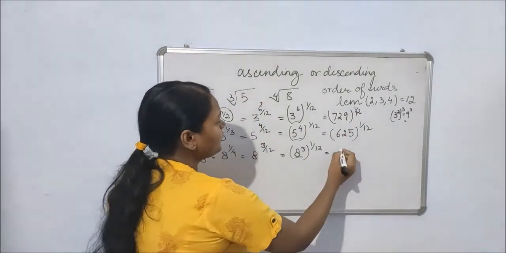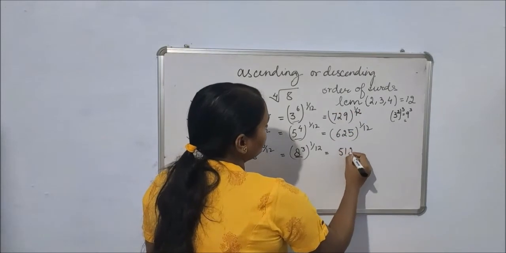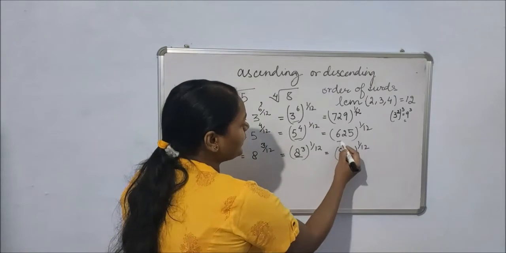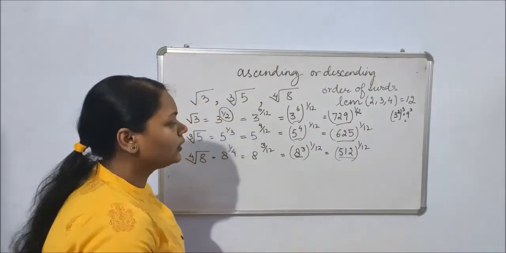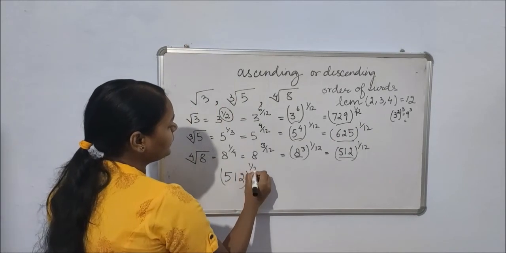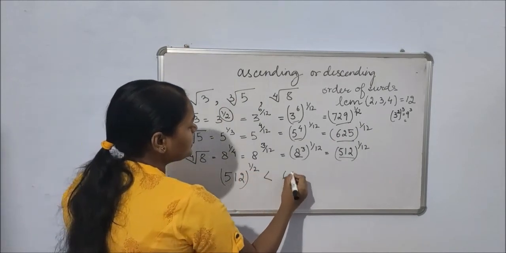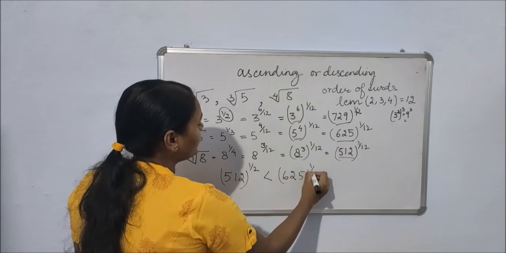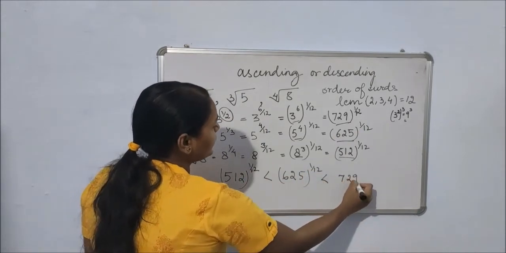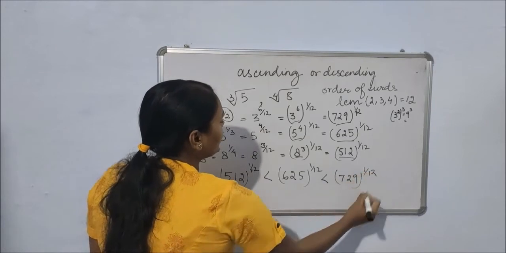And 8 cubed will give 512 to the power 1 by 12. Now we can compare these values, whichever is greater and smaller. So naturally 512 to the power 1 by 12 is less than 625 to the power 1 by 12, which is less than 729 to the power 1 by 12.